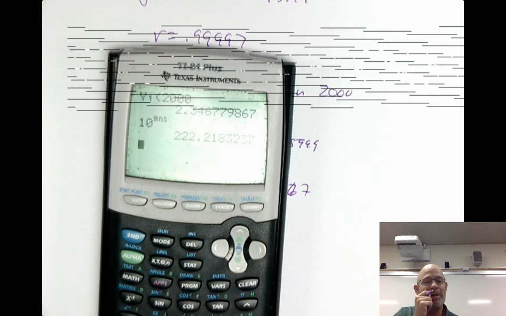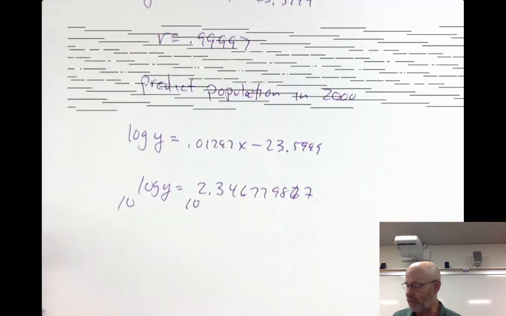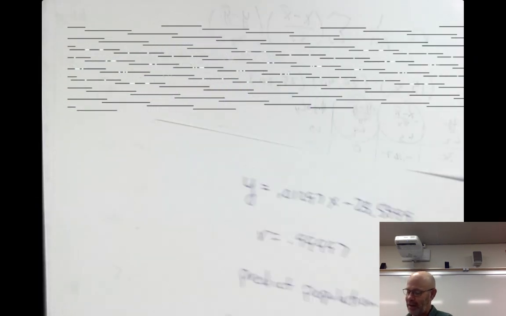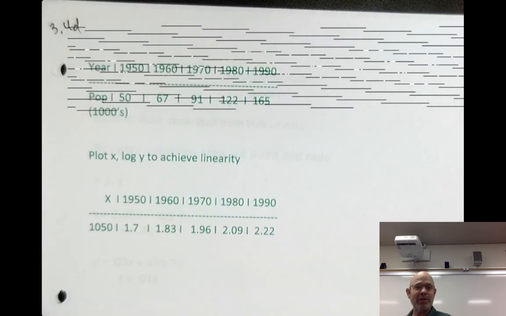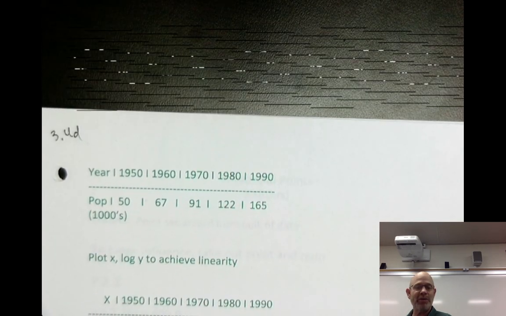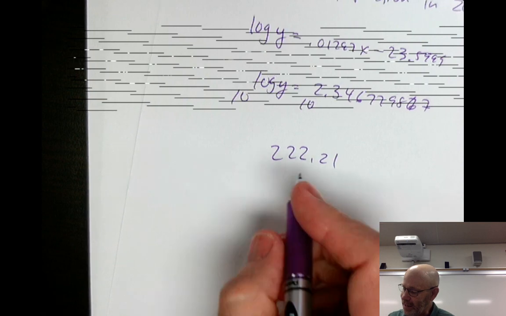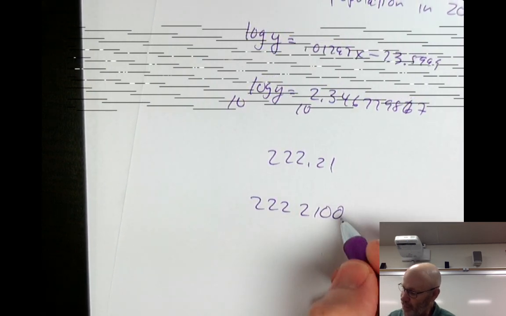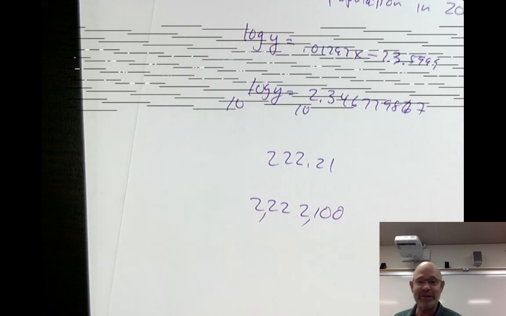And now I get my population of 222.21. Remember, that was in thousands, 222.21. I'll switch that in a second. But hopefully you'll see that that makes a little bit more sense, right? The 222 would fit that better. So I guess since I have thousands, 222,210. So we have to undo that transformation that we made.